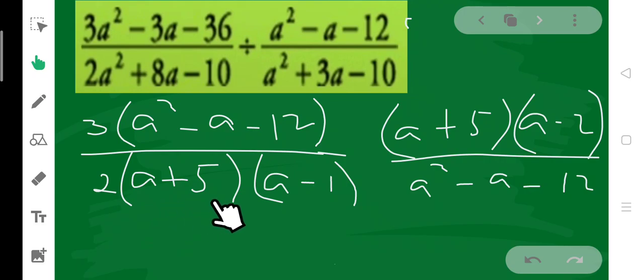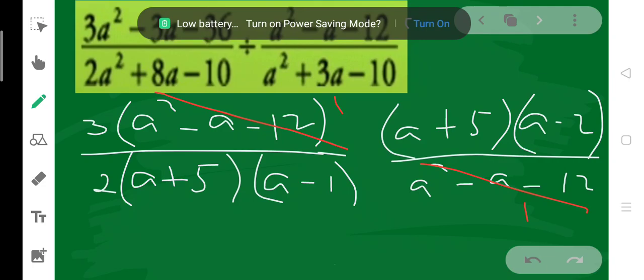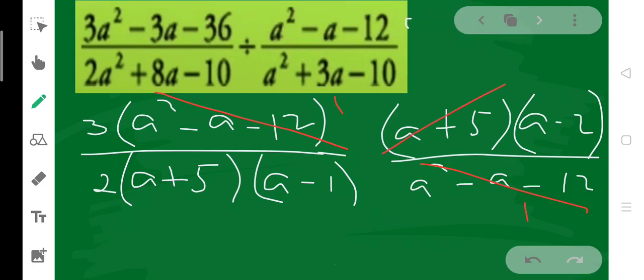We have a plus 5 and a minus 1. So we can cancel common factors. A squared minus a minus 12 becomes 1. This becomes 1. Okay, then another one, we have a plus 5. A plus 5 here becomes 1, becomes 1. Then, what else? Okay, no other common factors.